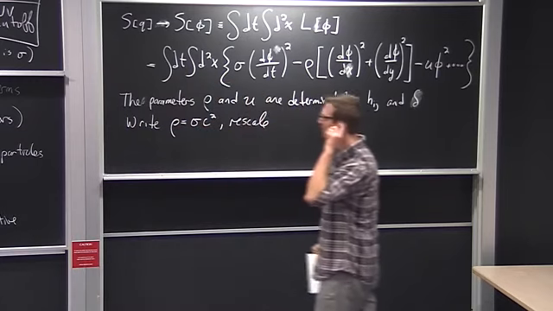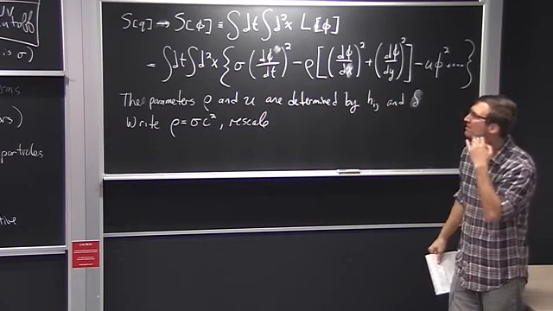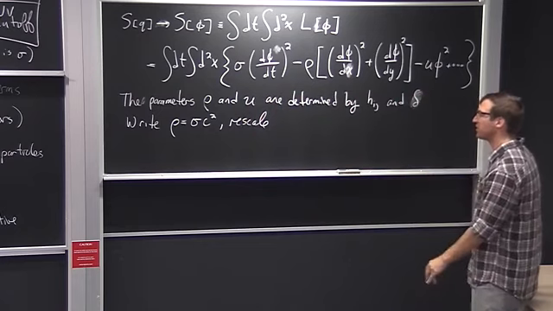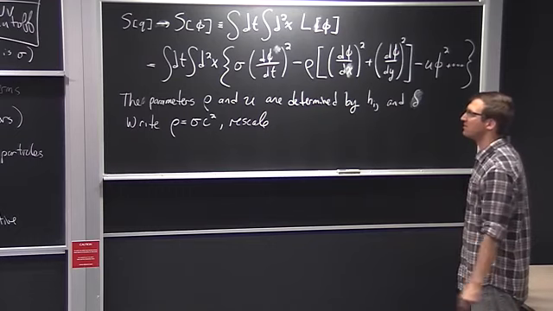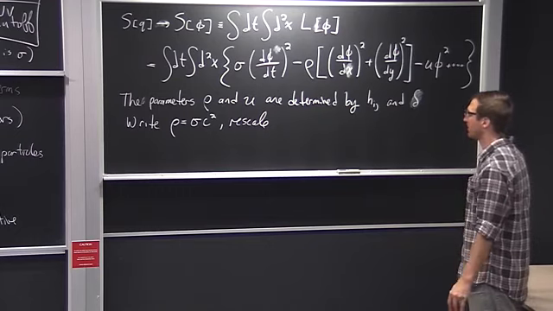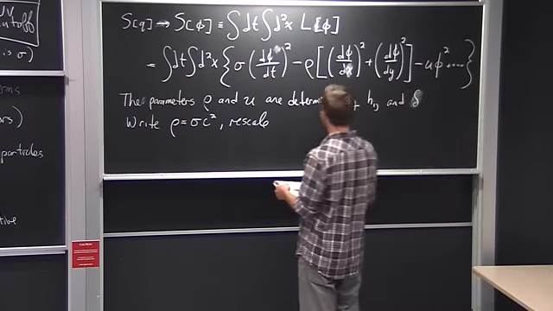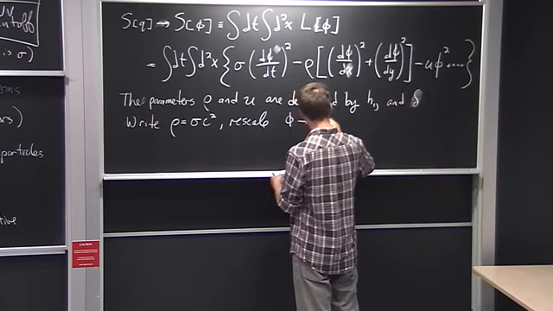Okay, the field's already an abstraction somehow. Right? It's a description of the particle's state in real space. And so let me rescale phi by phi over root sigma.